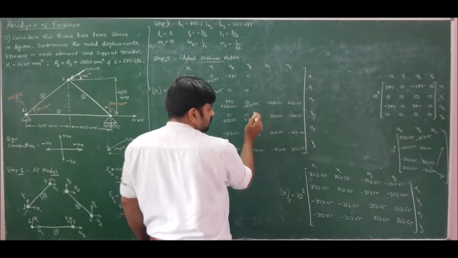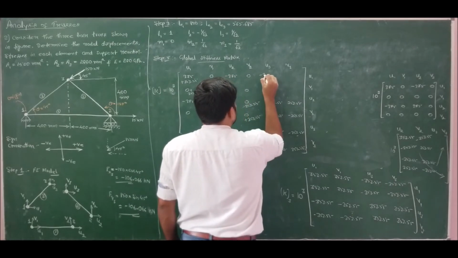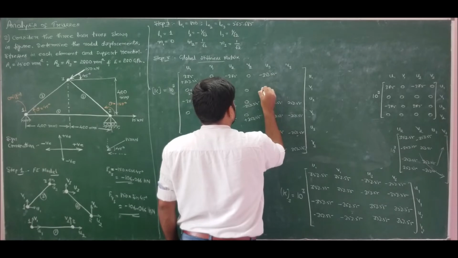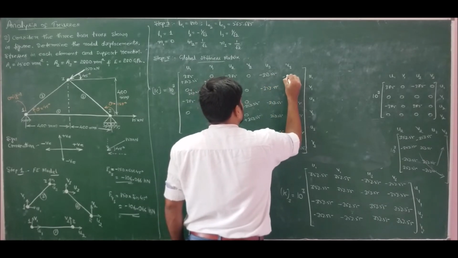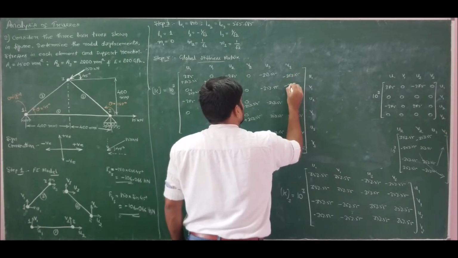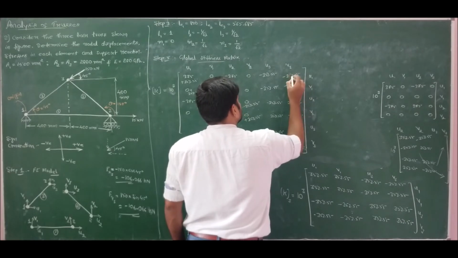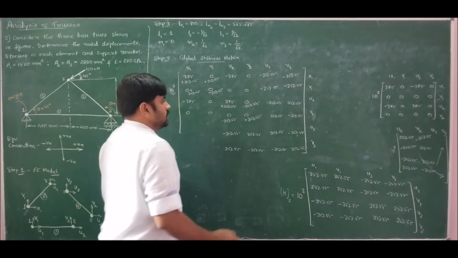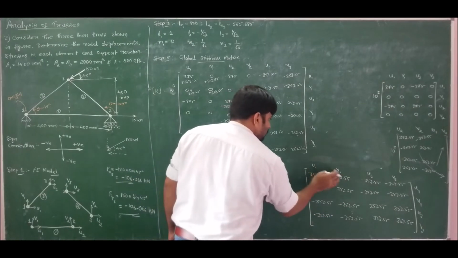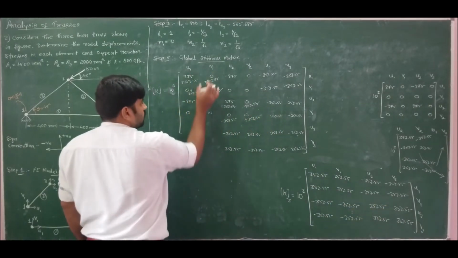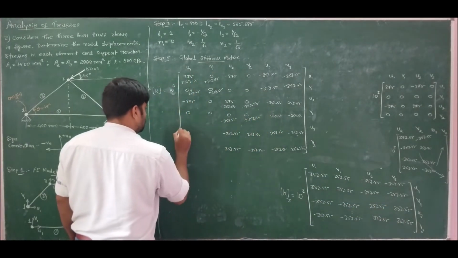u3 v3 plus u1 v1 will come here, minus 353.55 minus 353.55 minus 353.55 minus 353.55. Next, moving for this 4, it is u1 v1 cross u3 v3. u1 v1 cross u3 v3 will come here.